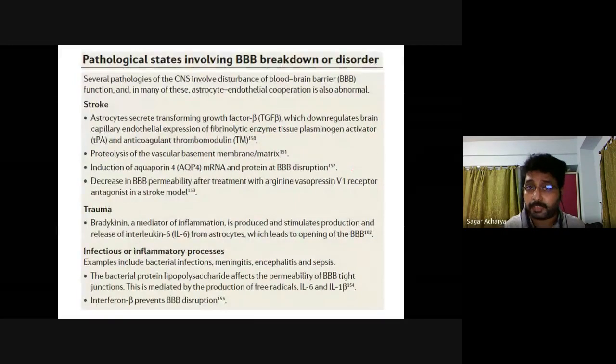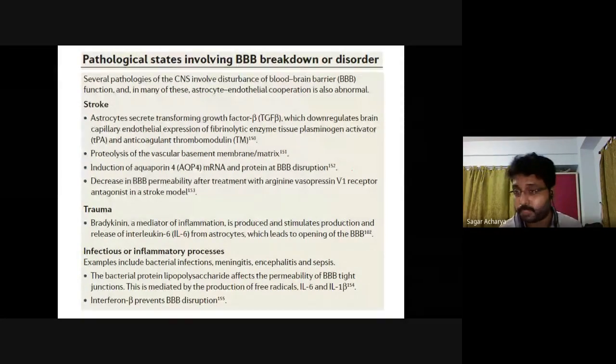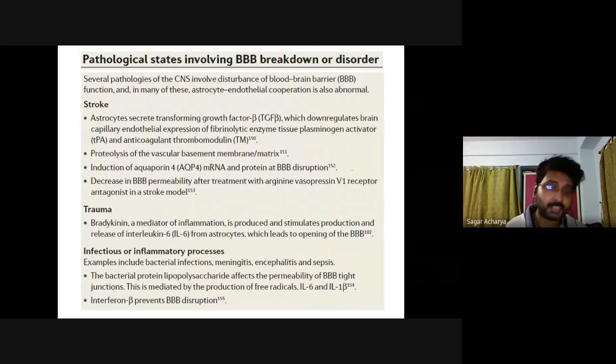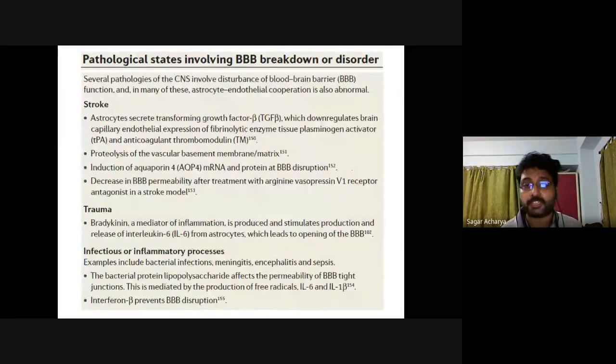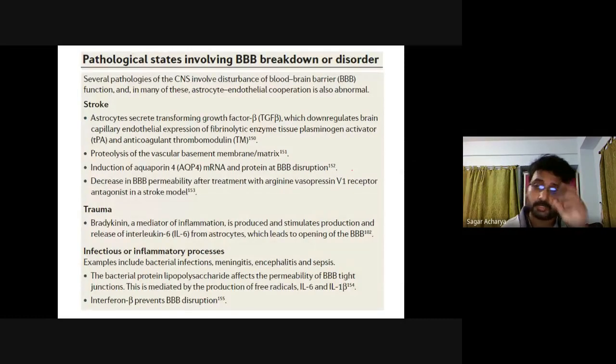So these are the pathological states where blood-brain barrier breakdown occurs, and that leads to several types of disorders. I and Madhavika work with the brain, so we know that we are utilizing that breakage of the blood-brain barrier to infiltrate our primed leukocytes into the brain to engulf those cancer cells.